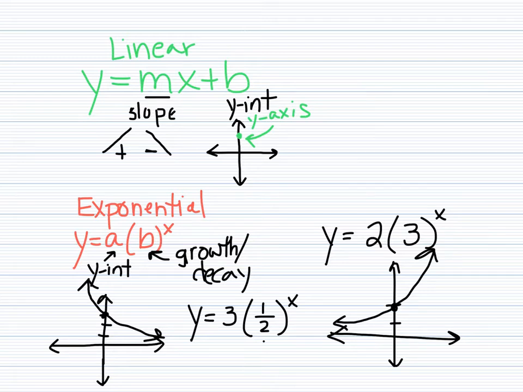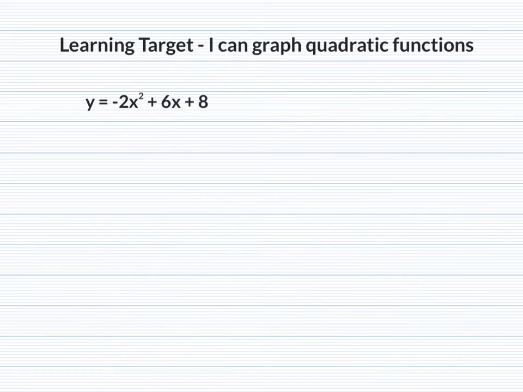Okay. And then being able to match the quadratic, well, that's what we're going to do in the next couple slides. So here, I can graph quadratic functions. That's the second learning target on this test, or maybe the third.